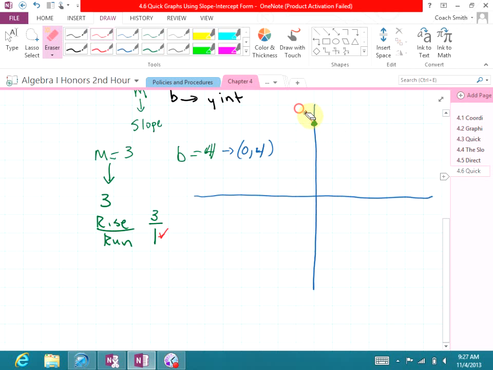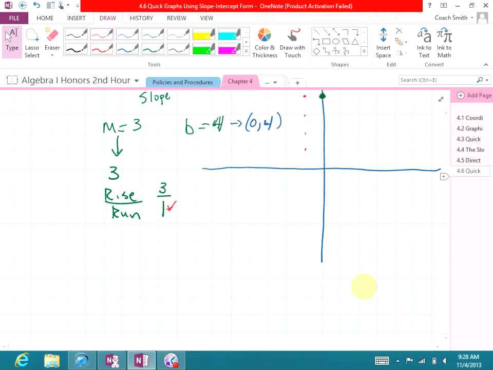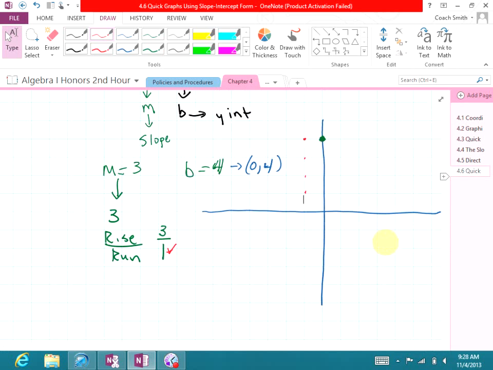So I have to go 1 to the right and then 3 down. 1, 2, 3. Now, I look at this line. That is a positive slope line.